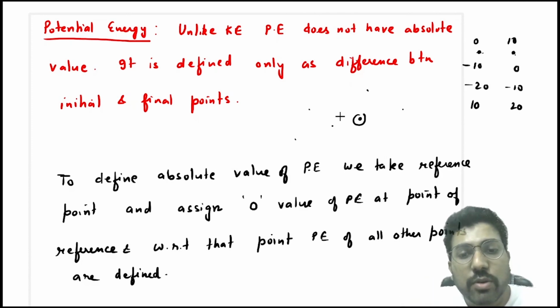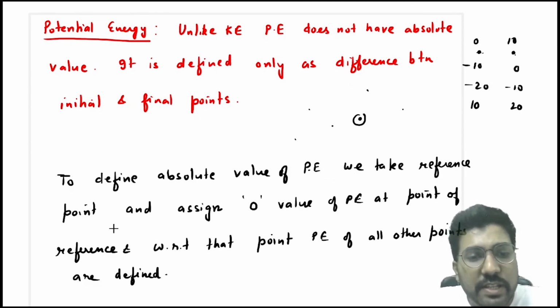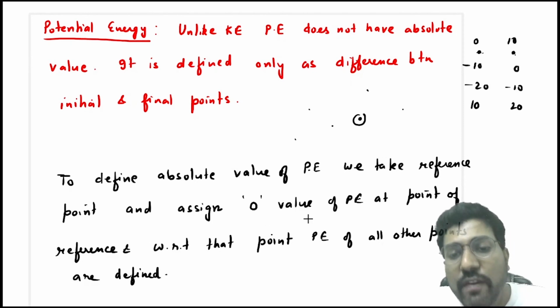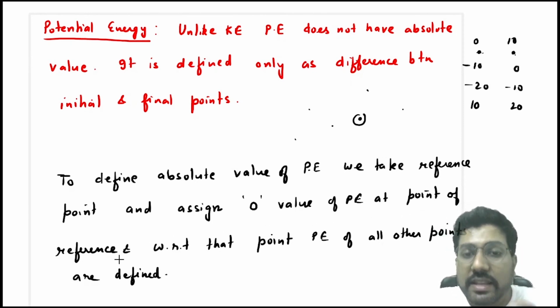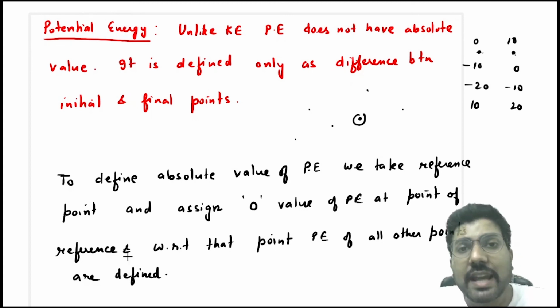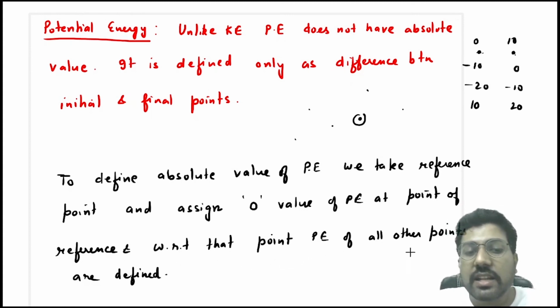So to define the absolute value of potential energy, we take the reference point and assign zero value of potential energy at the point of reference, and with respect to that point, the potential energy of all other points is defined.